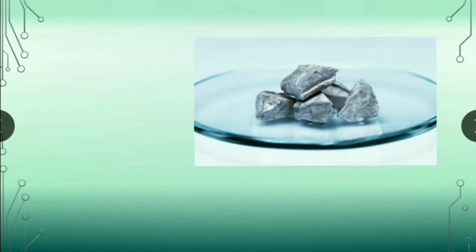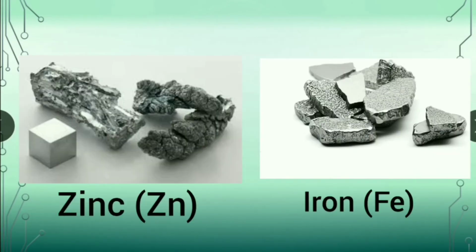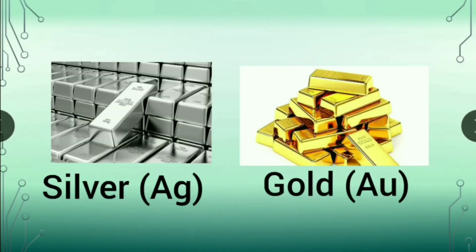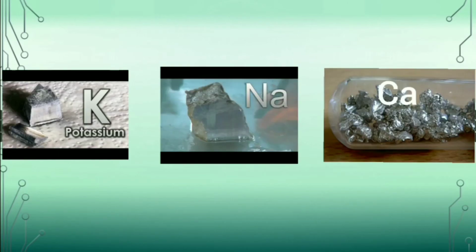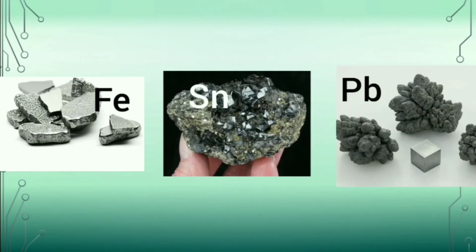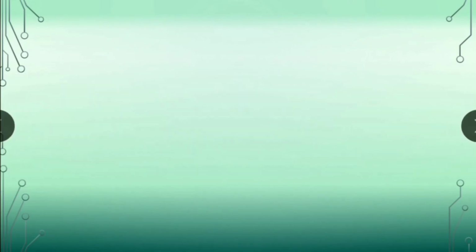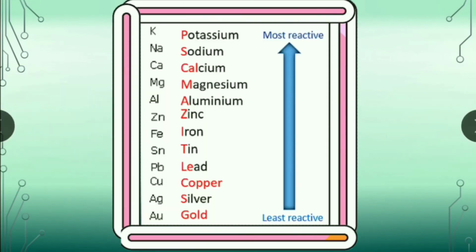Students, some metals are chemically very reactive, whereas others are less reactive or unreactive. On the basis of intensity of reactions of various metals with oxygen, water, acids, as well as the displacement reactions, the metals have been arranged in a group or series according to their chemical reactivities.